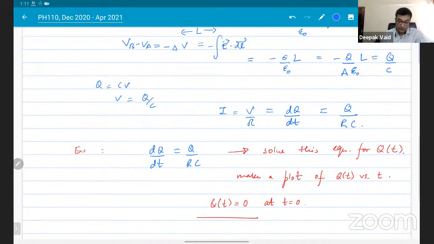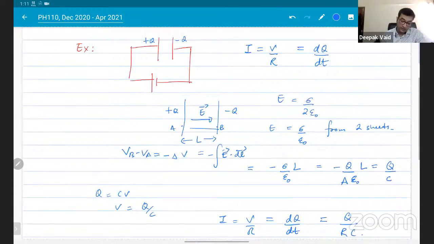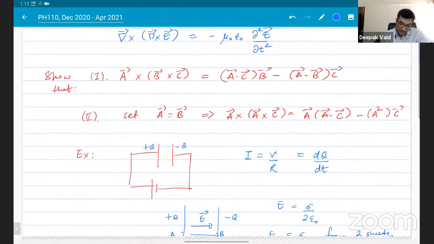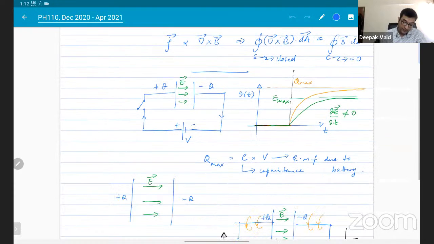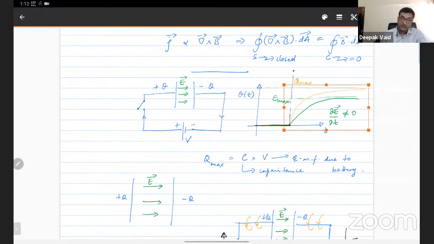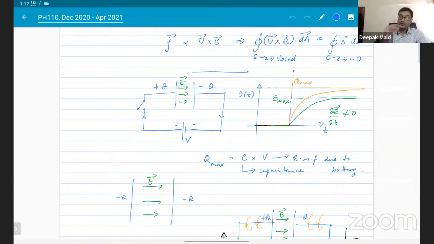All right. What you should get is this orange curve, which shows that Q increases and then saturates. Okay. So I'll stop here.